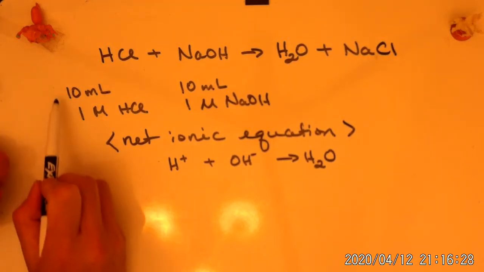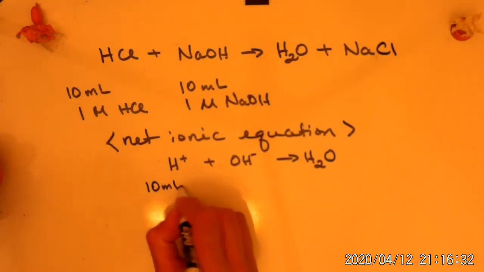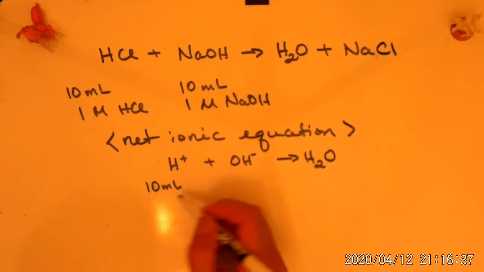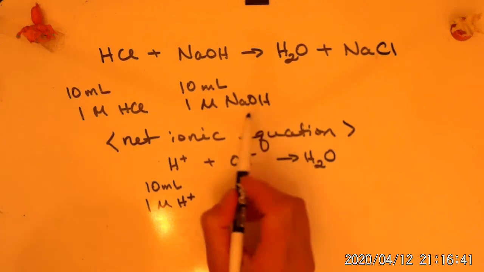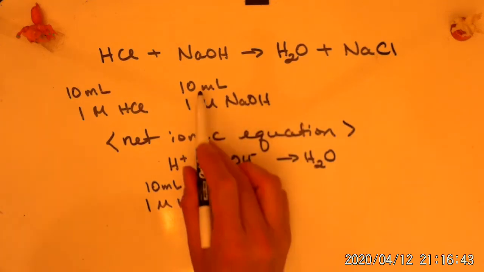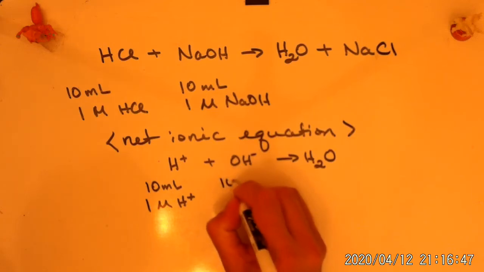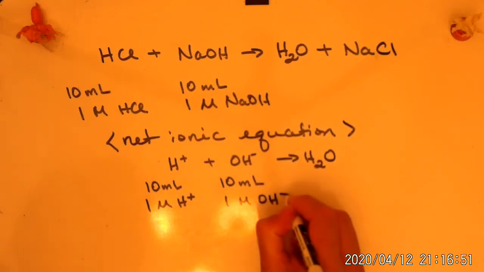And 10 milliliters of 1 molar HCl, because HCl is a strong acid, it dissociates completely. That's like saying 10 milliliters of 1 molar H plus. This is a strong base. So 10 milliliters of 1 molar sodium hydroxide is essentially saying 10 milliliters of 1 molar hydroxide.